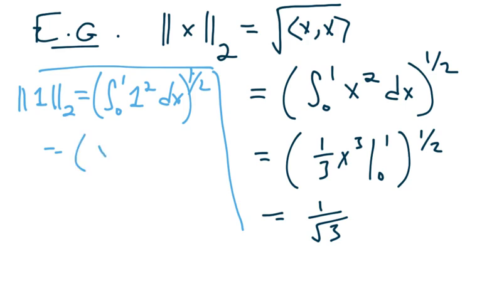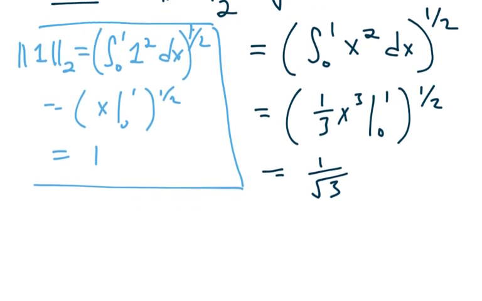This is x evaluated from 0 to 1, raised to the 1/2 power. So this is 1, which you would really hope, that the magnitude of the vector that is constantly equal to 1 would be 1, and it turns out to be the case. So that's nice. That's reassuring.